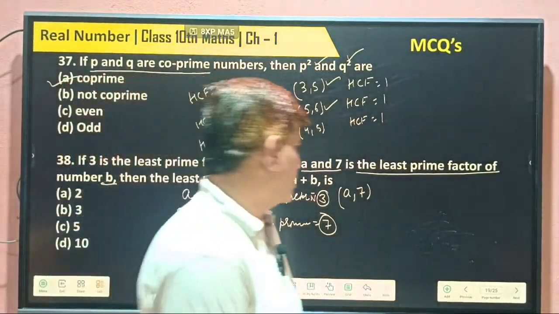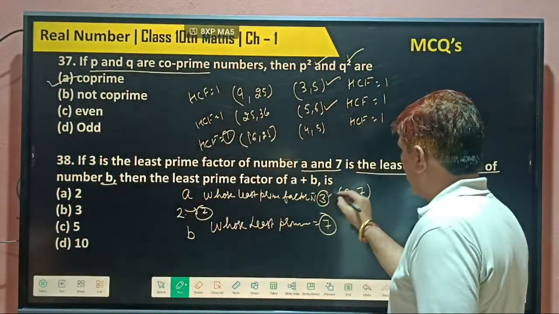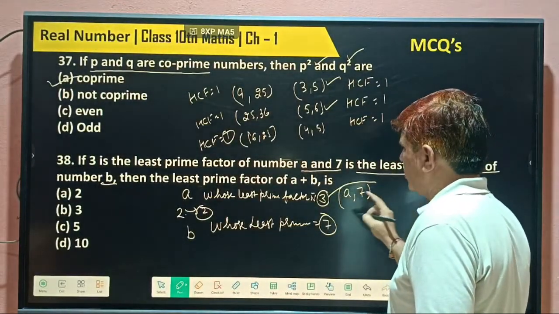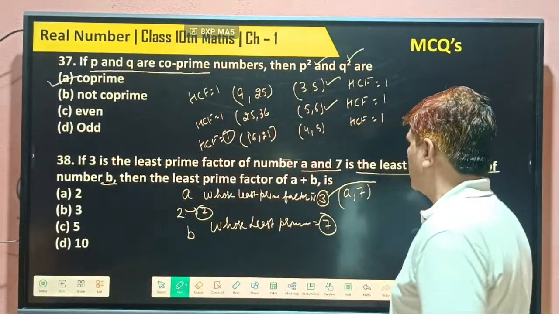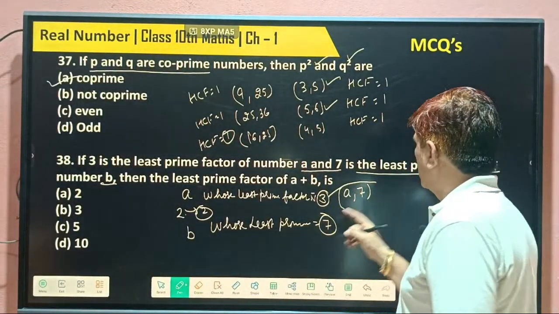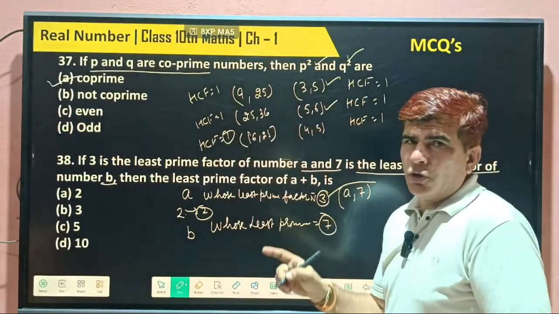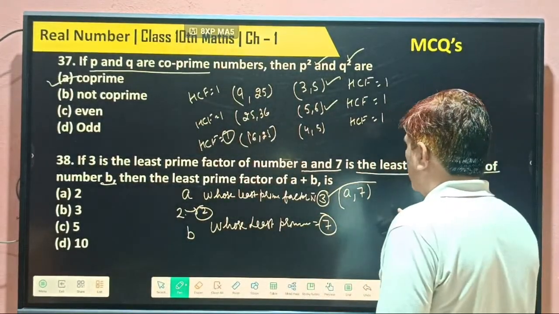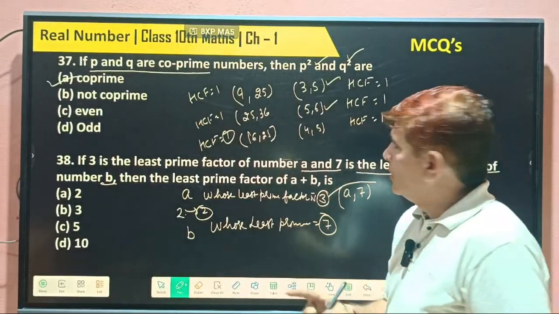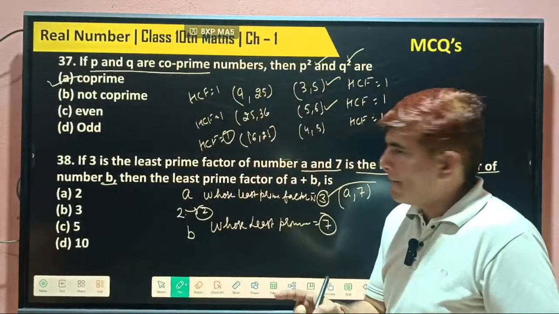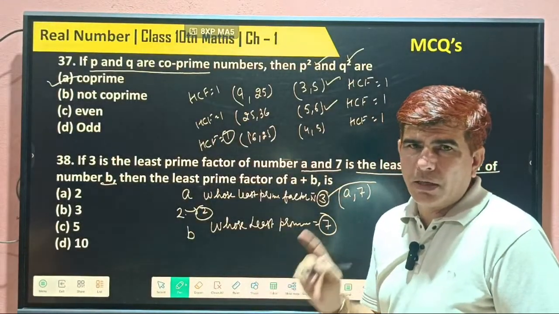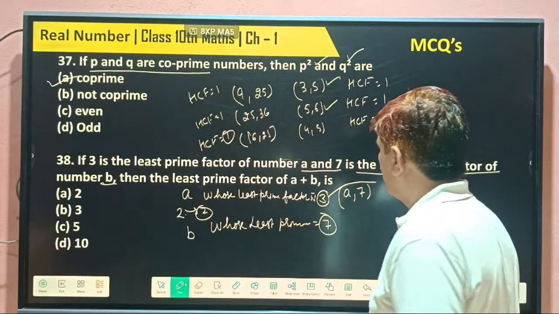I think not understood. So what type of example can we take? 1 not, 2 not, 3 we can take. 3 is possible, 4 not possible, 5 not possible, 6 prime factor 2, 7, 3 is not a prime factor of that, 8 is not, 9 is not a prime. 10, 11, 12, 13 is a prime, 14.